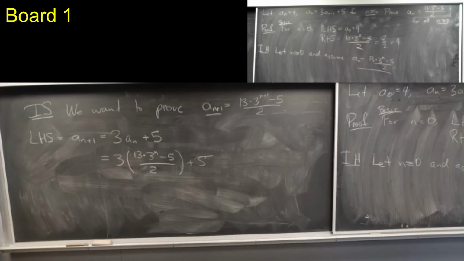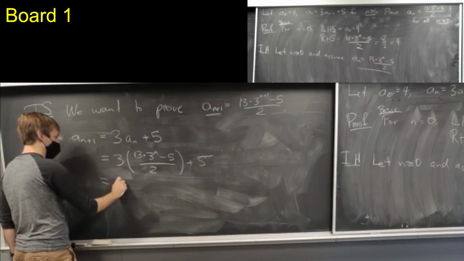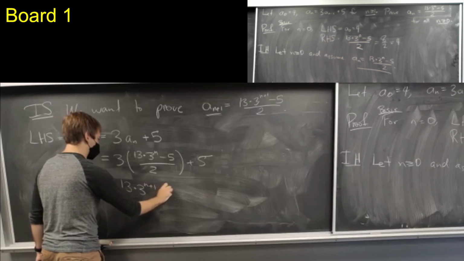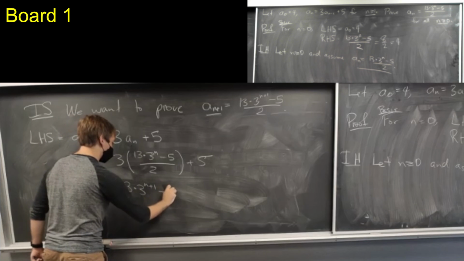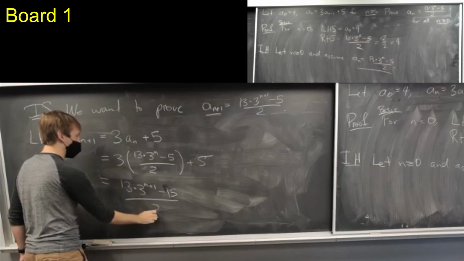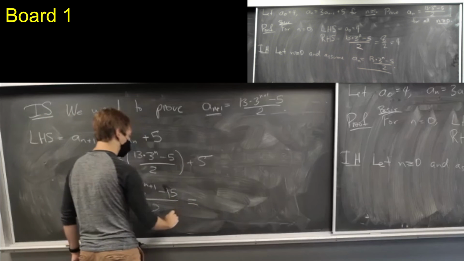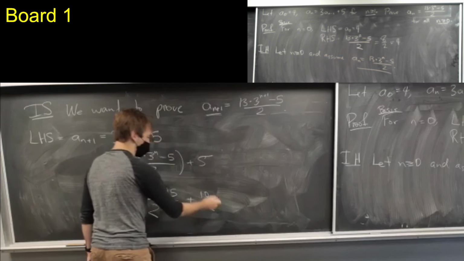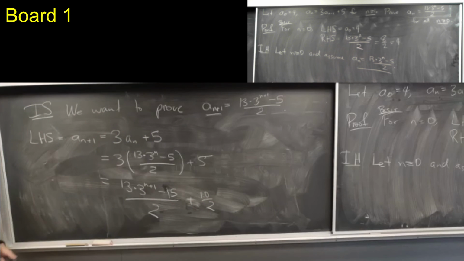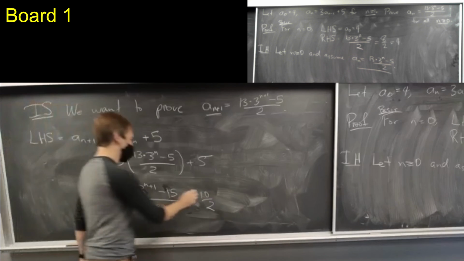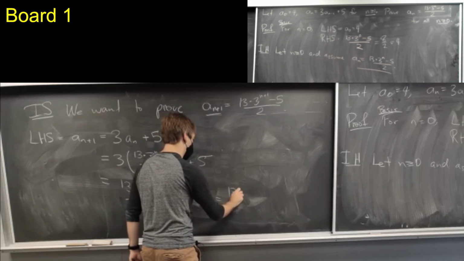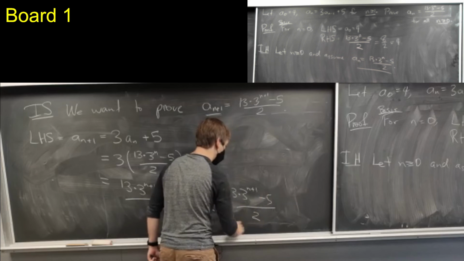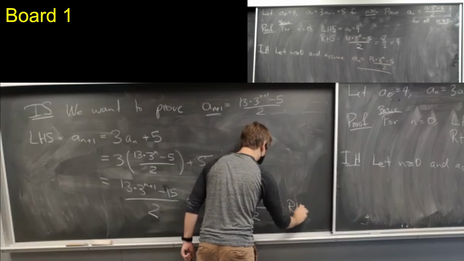And now it's just algebra. So I've got 13 times 3 to the n plus 1 minus 15 over 2. I'm going to put this over 2 as well. Plus 5, which is 10 over 2. I combine this. I get 13 times 3 to the n plus 1 minus 5 over 2, which is equal to the right-hand side.